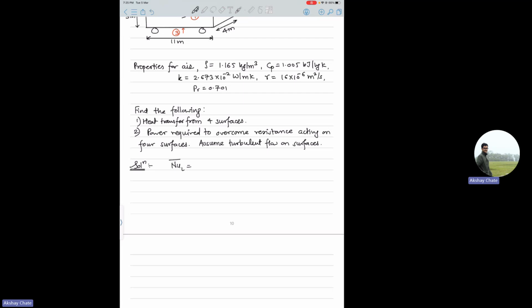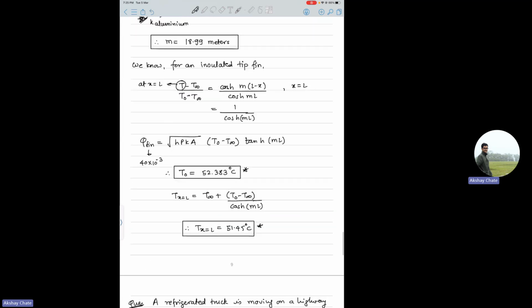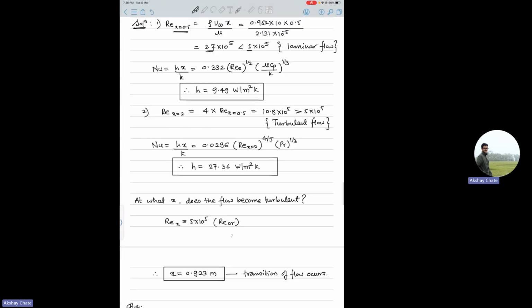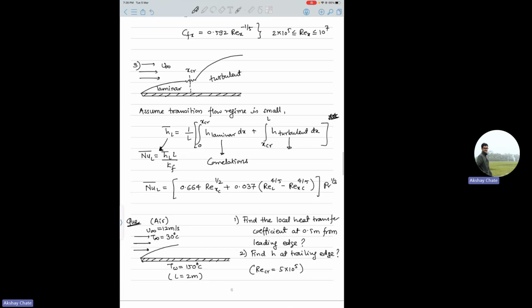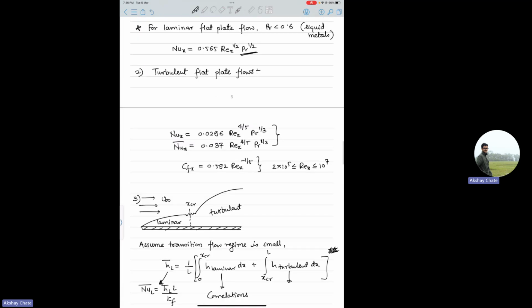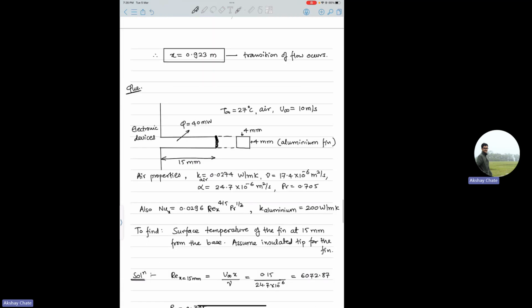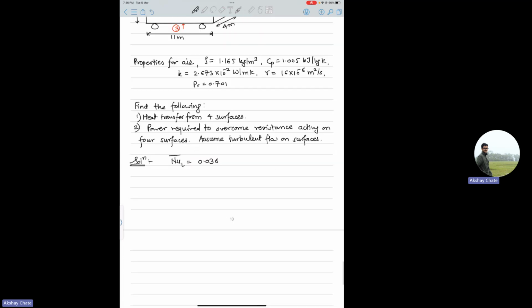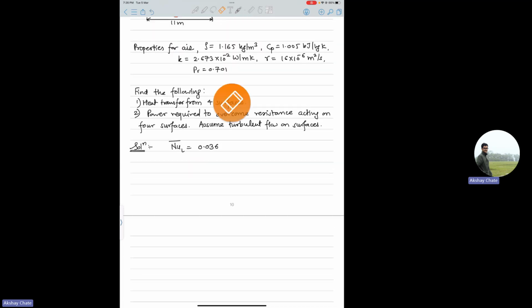That will be 0.036. This is what we discussed in the section on correlations. So this is 0.037 actually, into Reynolds number power 4 by 5 and Prandtl number power 1 by 3.